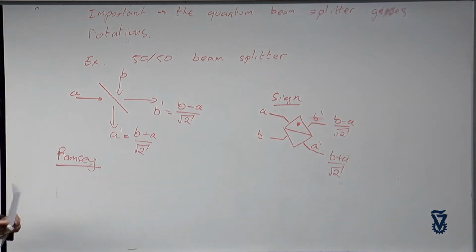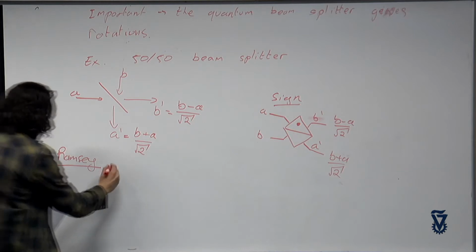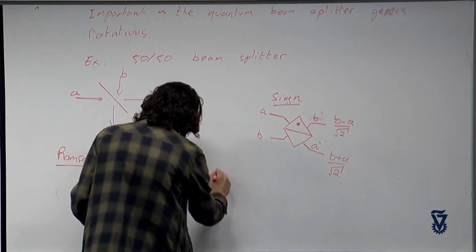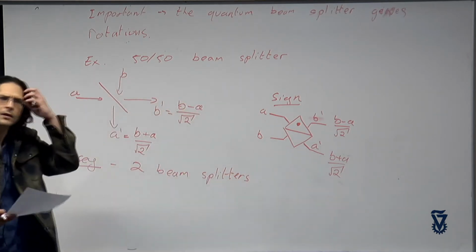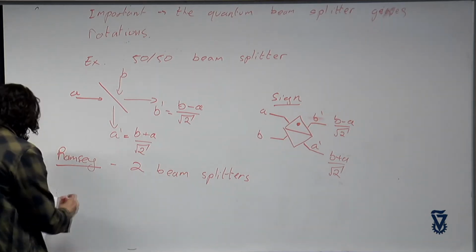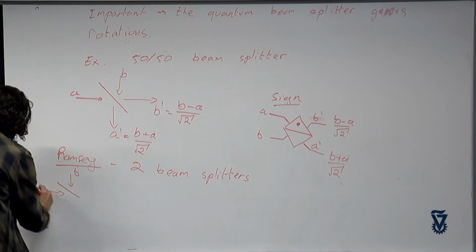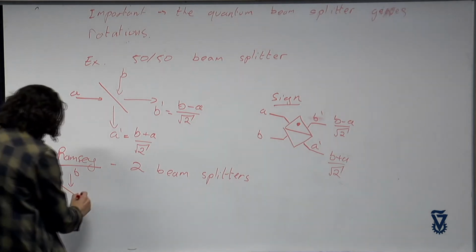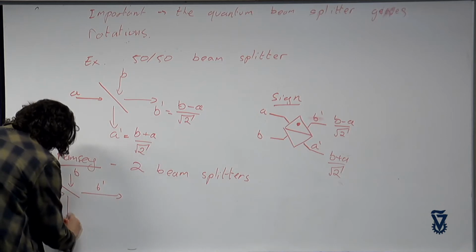For measuring the coherence times of this qubit, you need to use two beam splitters. The first beam splitter our qubit comes into, this is A and B. Then we have an output mode. This is B prime. This is A prime.